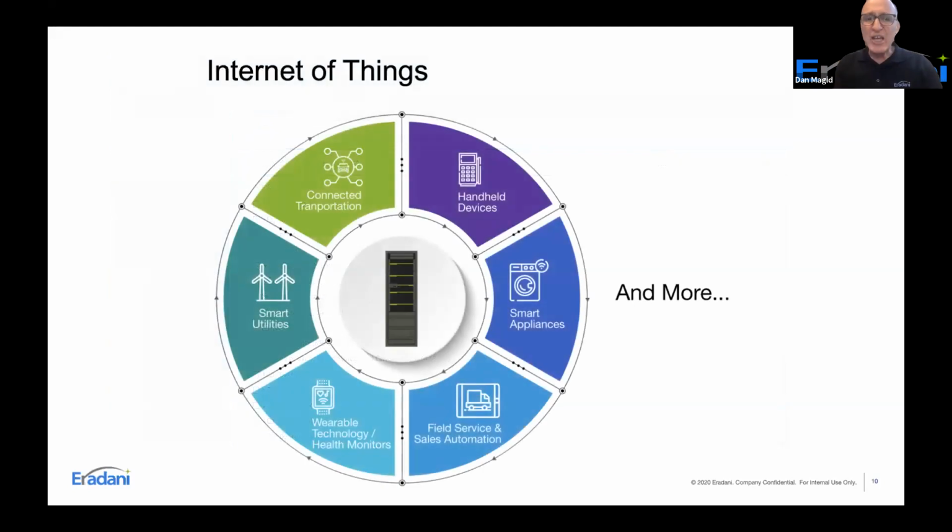In the Internet of Things, we're seeing more and more devices that are being connected to the IBMI. So as I talked about before, people working in the warehouse who need to get information directly from the IBMI are using these handheld Zebra devices and talking to the IBMI. Smart appliances.